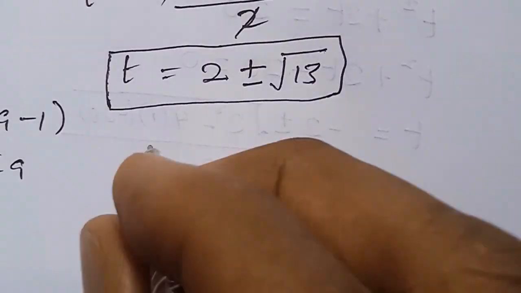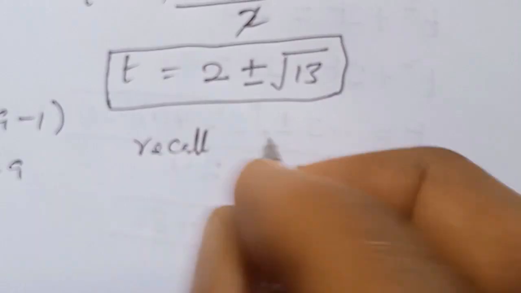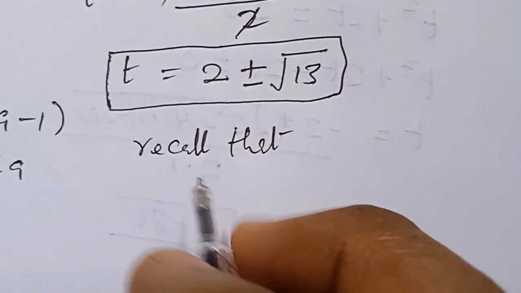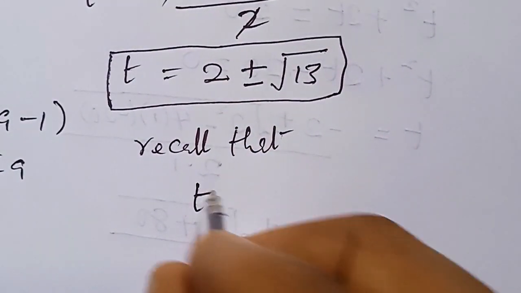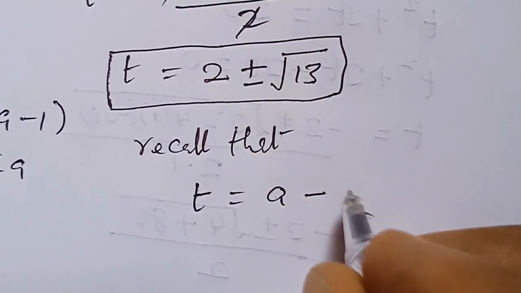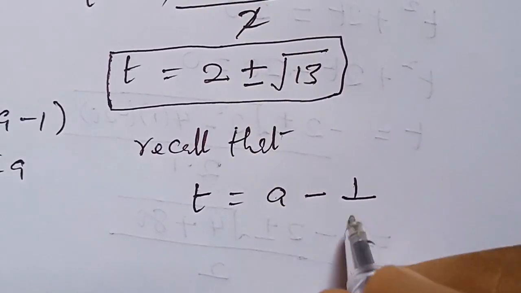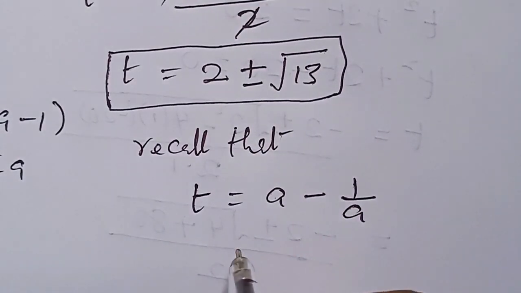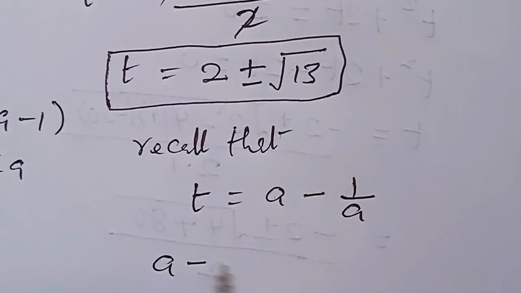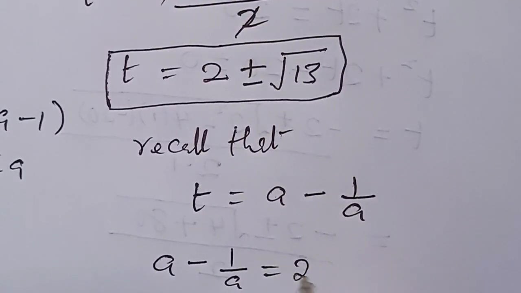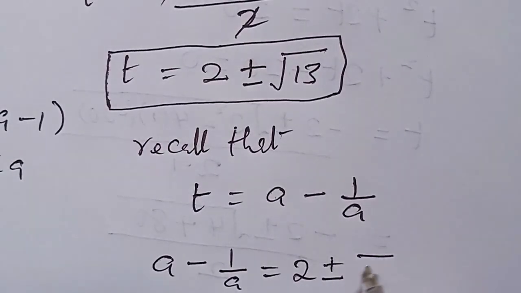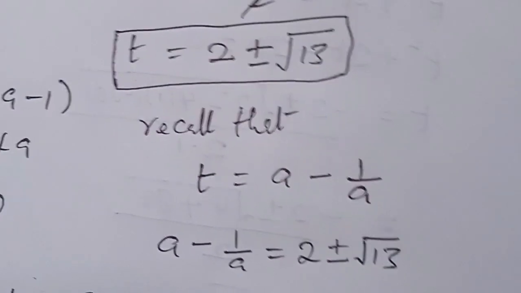Recall our t is equal to a - 1/a. So this simply means that a - 1/a can be written as 2 plus or minus the square root of 13.